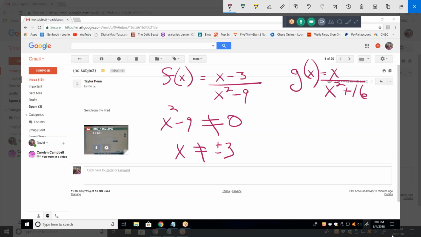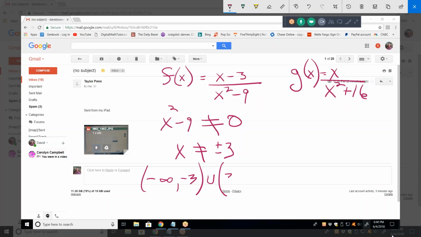Okay. So what is the domain on f of x? So it will be negative infinity with the parenthesis to negative 3 parenthesis. Then it will have a u. And then it will be parenthesis 3 to infinity bracket. Hold on. What can x not be only? -3 and 3. Okay.